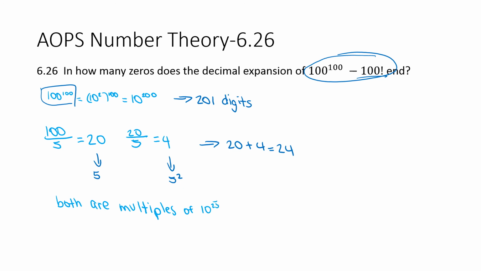But the first one is a multiple of 10 to the power of 25, and this one is a multiple of 10 to the power of 24 but not of 10 to the power of 25. So that means the difference is a multiple of 10 to the power of 24, and it will leave a positive remainder when you divide it by 10 to the power of 25. So it ends with exactly 24 terminating zeros. So the answer is 24.